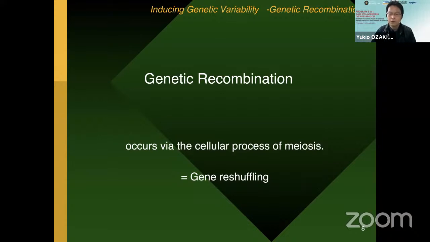Genetic recombination occurs via the cellular process of meiosis. This phenomenon is responsible for the creation of non-parental types in the progeny of a cross through the physical exchange of parts of homologous chromosomes.